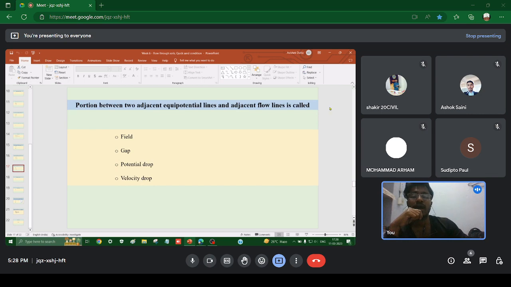The portion between two adjacent equipotential lines and adjacent flow lines is called what? The options are field, gap, potential drop, velocity drop.